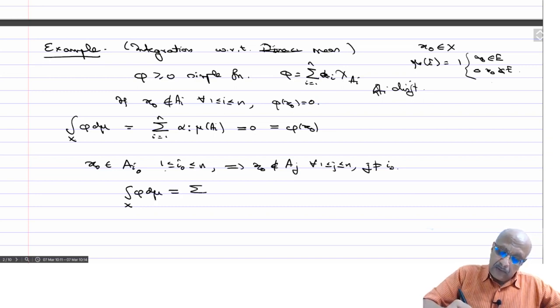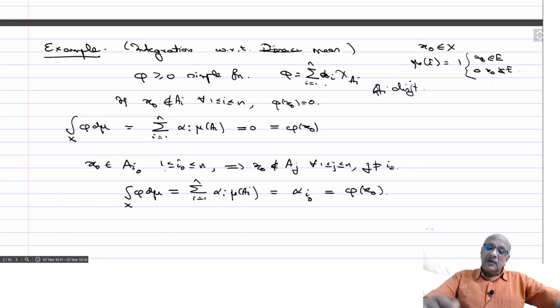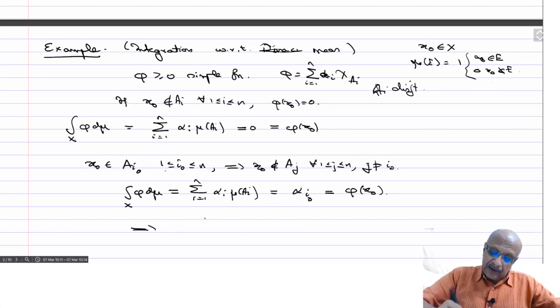This is equal to sigma i equals 1 to n alpha_i mu of A_i. All the other j's will have measure 0, only one will have measure 1, so this is equal to alpha_{i naught}, but this is also equal to phi of x naught. So this implies that the integral over X of phi d mu equals phi of x naught.